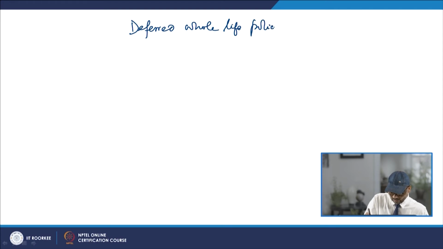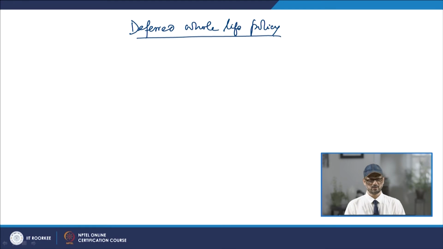Now the deferred whole life policy is based on the notion that the insured person will not die until a certain period of time, and the net single premium of this policy will be determined by that.